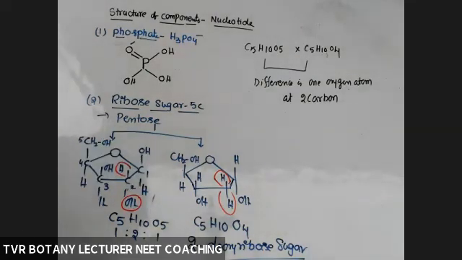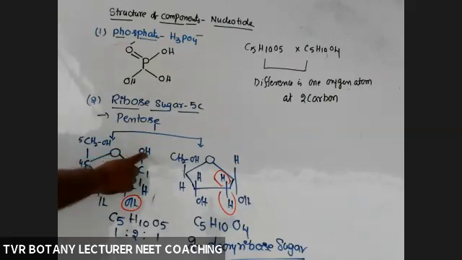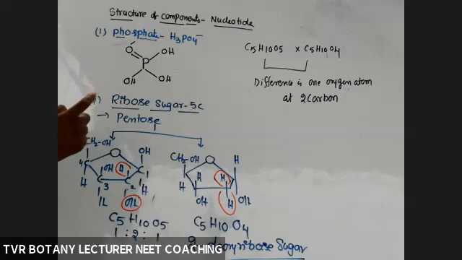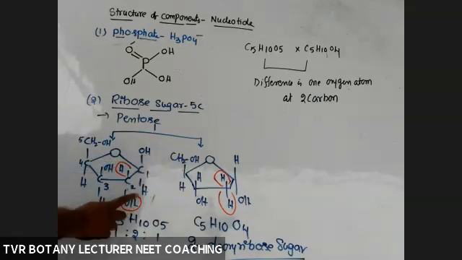Next, what about the total number of OH groups? OH 1, 2, 3, 4. How many OH groups are present in the first sugar? Count it. Swagat? Yeah, 4, sir. 1, 2, 3, 4.